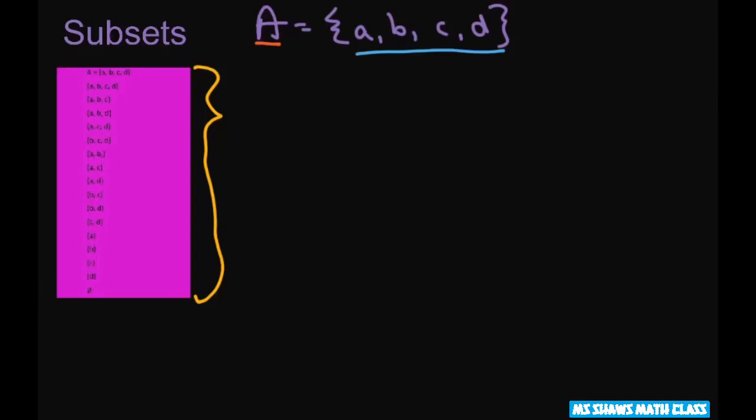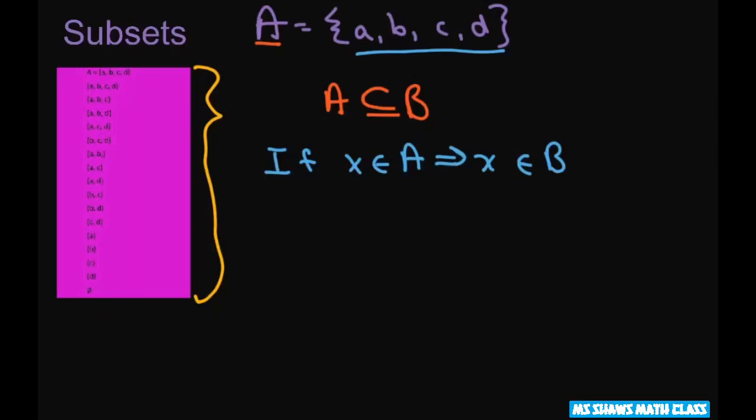If set A is contained in set B, then we can write that A is a subset of B. The formal definition is if X is an element of A, then X is an element of B. So here's your if then. Then A is a subset of B.